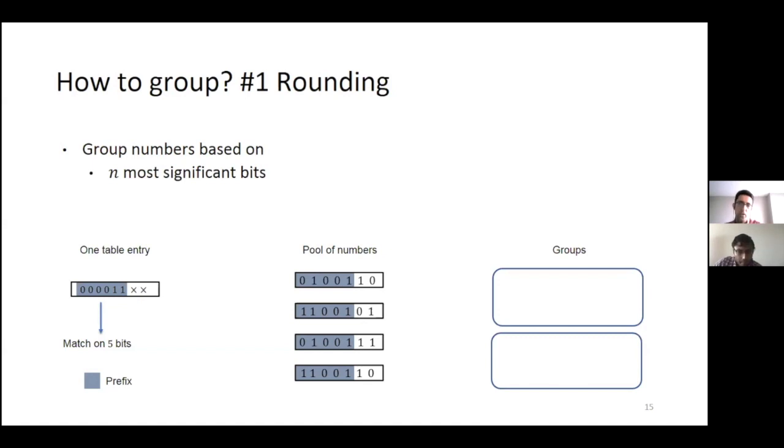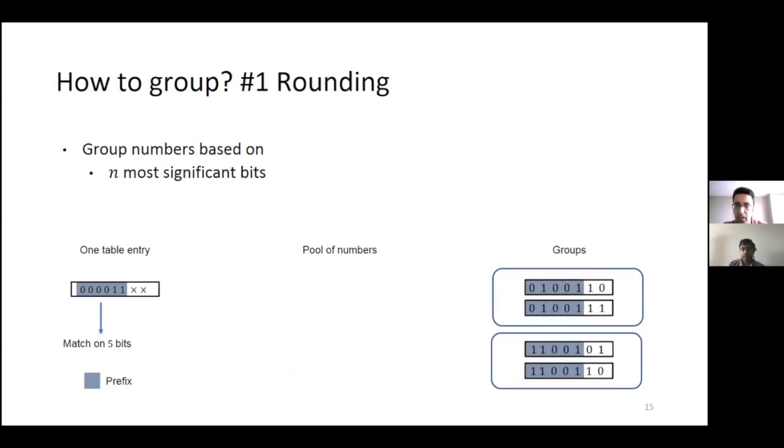I have a pool of numbers and I want to group them. If I group these numbers together, the numbers that have the same 5 most significant bits will be in the same group.